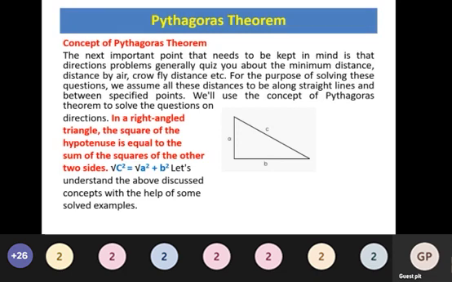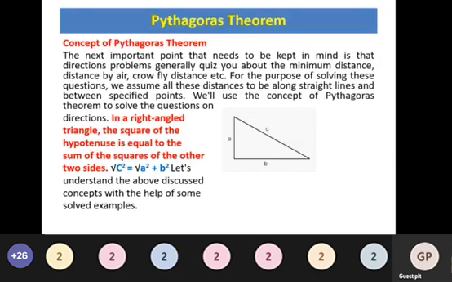We'll use the concept of the Pythagoras theorem to solve the questions on directions. In a right-angled triangle, the square of the hypotenuse is equal to the sum of the squares of the other two sides.